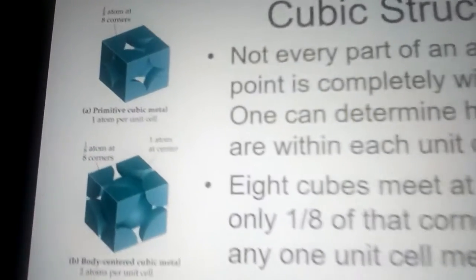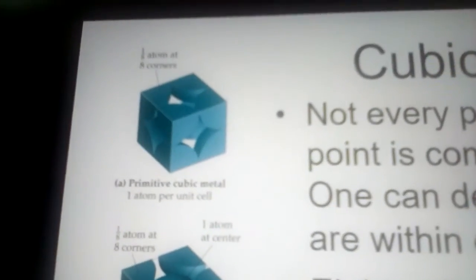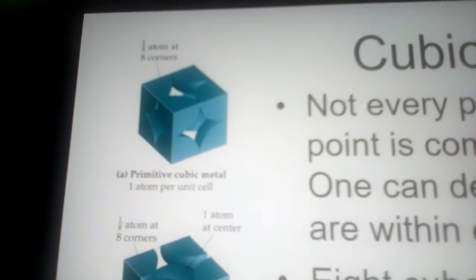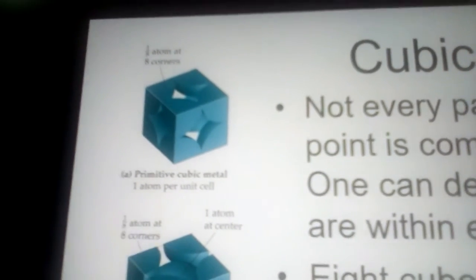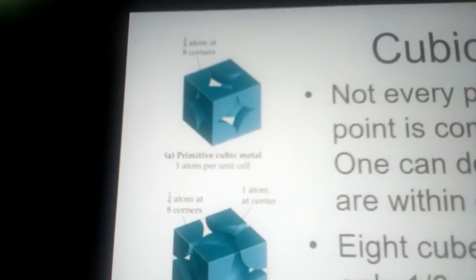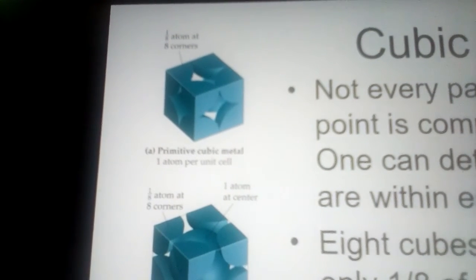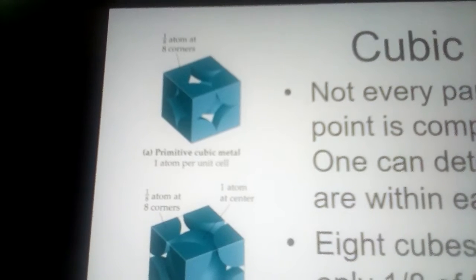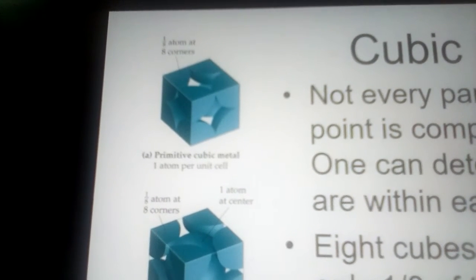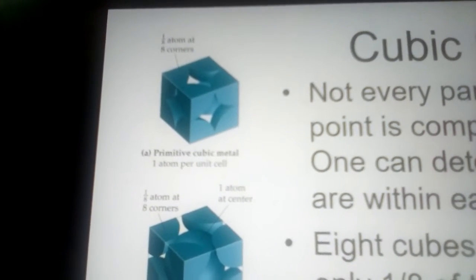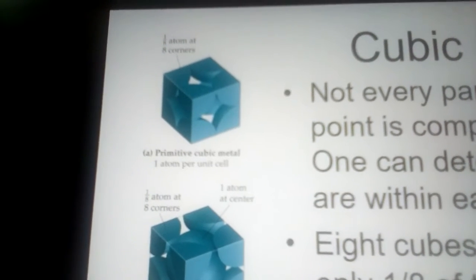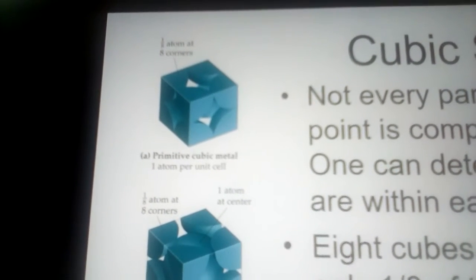So on the first one, which is the primitive cubic or simple cubic lattice, atoms are only located on the corners. And since the corner is not completely in that cell, you can see in this picture there's only 1/8 of each of those atoms shown in the structure. That's because the atom on the corner is shared by 8 adjacent unit cells.